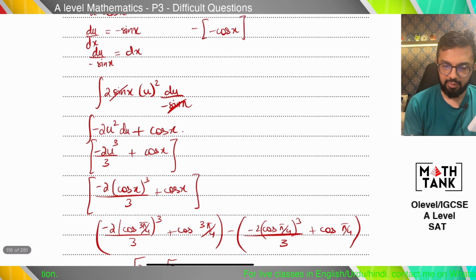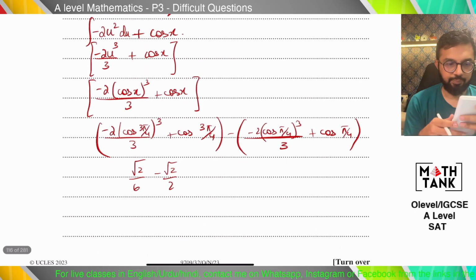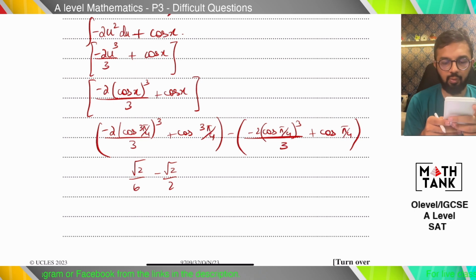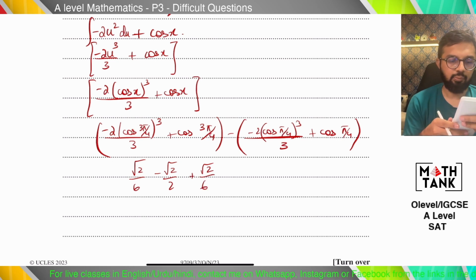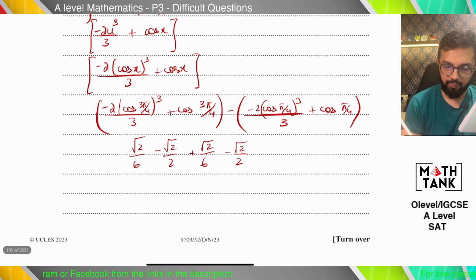I think I'm messing up the signs. Okay, root 2 over 3, all of them together.